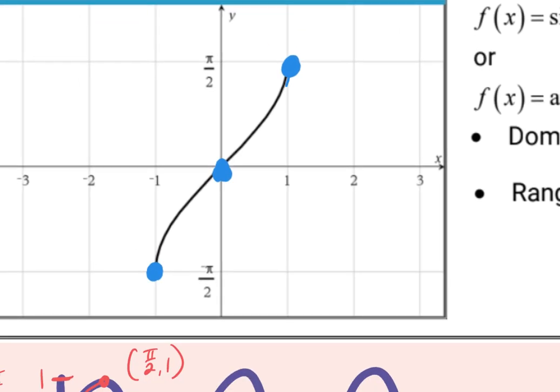It looks almost like half of an hourglass, if you want to picture it that way. Kind of like an S curve, okay? But it dips below the x-axis and comes above the x-axis. Notice that the y-axis is now your angles, and the x-axis is now your constants, because we switched them.